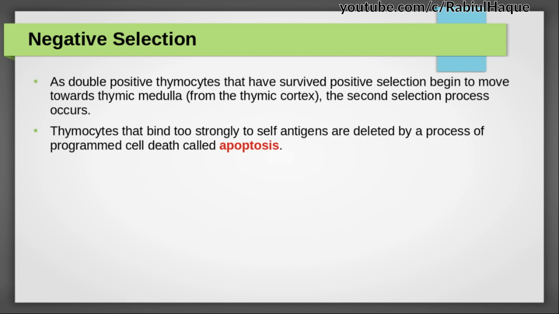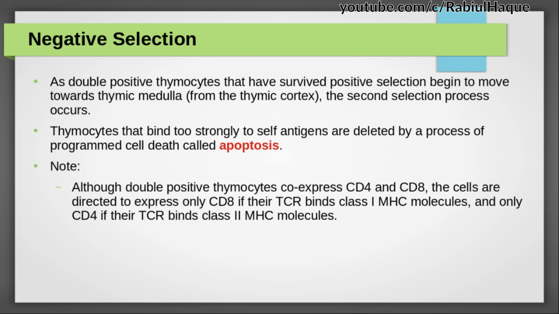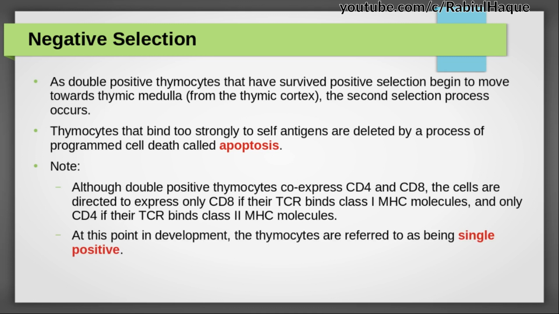Now, one thing we have to remember, although double positive thymocytes co-express CD4 and CD8, the cells are directed to express only CD8 if their T-cell receptor binds to class 1 MHC molecule, and only CD4 if their T-cell receptors bind to class 2 molecules. At this point in development, the thymocytes are referred to as being single positive.